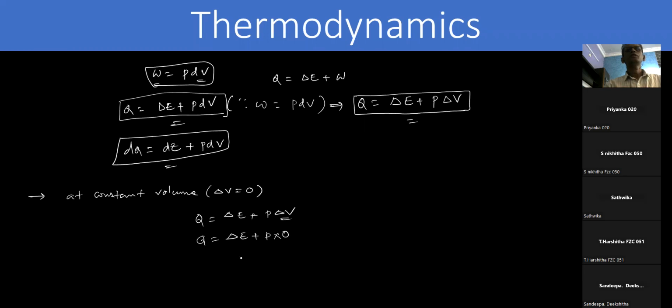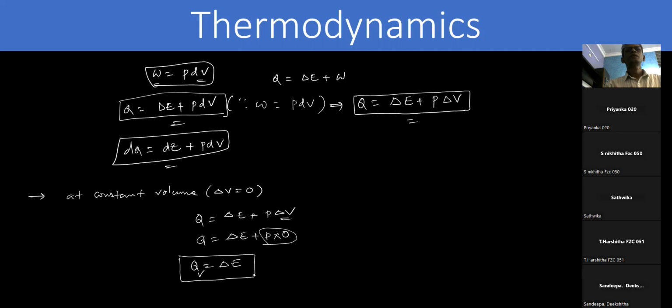It is 0. Delta V value is 0 now, that's why I'm taking 0 here. Then what will we get? Q equals, this total becomes 0. Then only we have delta E.